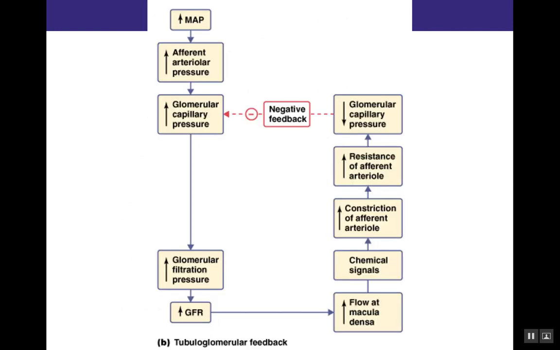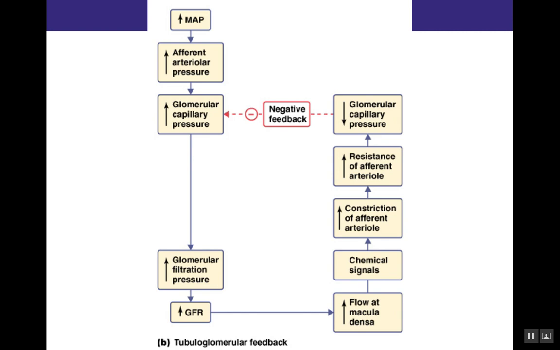All right, so now let's take a look at this flow chart. Again, this is an example of tubuloglomerular feedback. In this case, the individual has a surge of high blood pressure, or at the top here, an increase in mean arterial pressure. What that leads to is an increase in afferent arteriolar pressure, an increase in hydrostatic pressure of the glomerular capillaries, and then obviously an increase in net filtration pressure at the bottom here, glomerular filtration pressure, which ultimately leads to an increase in glomerular filtration rate, or flow.